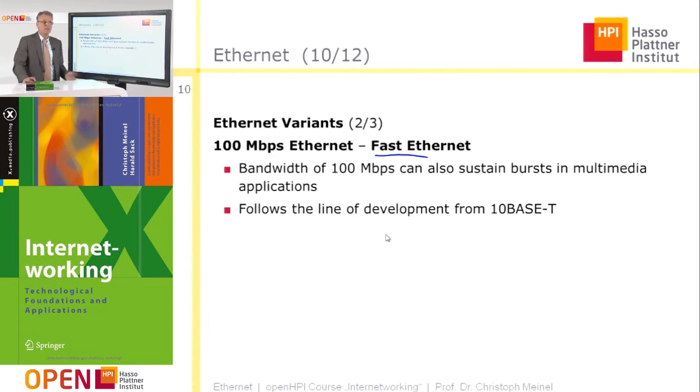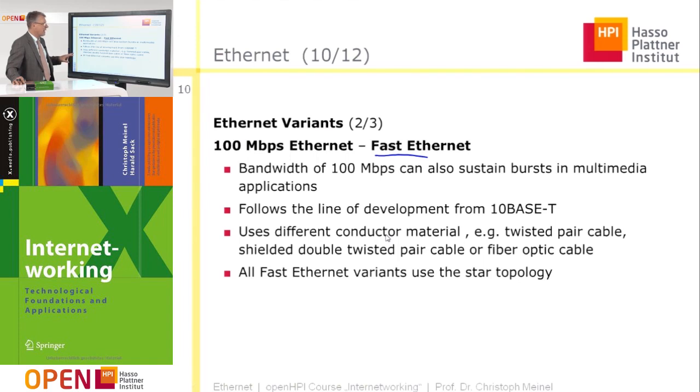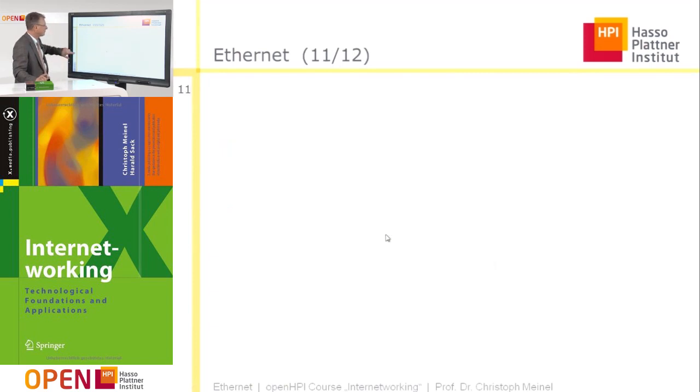The construction principles of this fast Ethernet follow the line of development of the 10BaseT variant. Also in this case, different conductor material is used: twisted pair cable, shielded double twisted pair cable, or fiber optic cable. The characteristic of all these fast Ethernet variants is that they use a star topology.